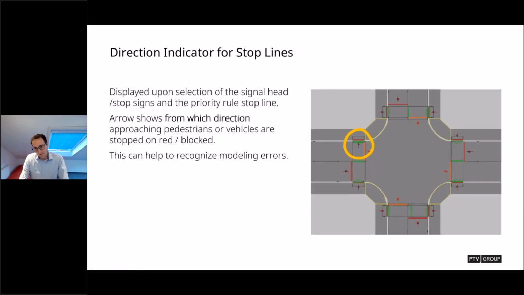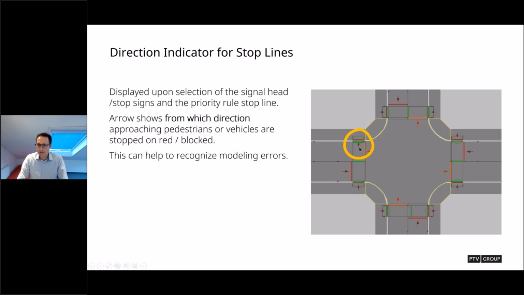A small improvement, but maybe very helpful, is that now for signal heads, stop signs, and also priority rules, you see these small arrows indicating the direction, so where to stop. Especially for pedestrian links, it was sometimes a little bit annoying on which link you put the signal head or the stop sign.